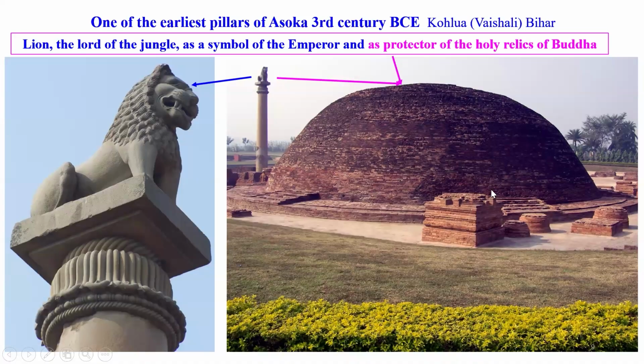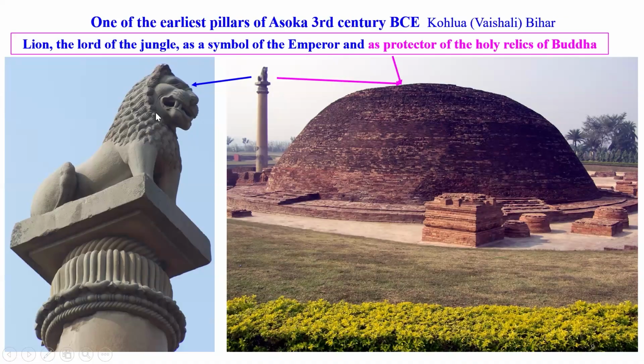This was the original stupa, from Ashoka's time, but it has been enlarged, and other smaller votive or memorial stupas have been erected. But this is that monolithic 11-meter tall pillar, and this is the majestic lion on it. And see, this is Mauryan art. This is the empire art.